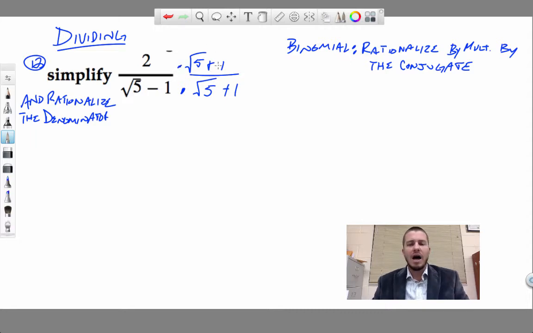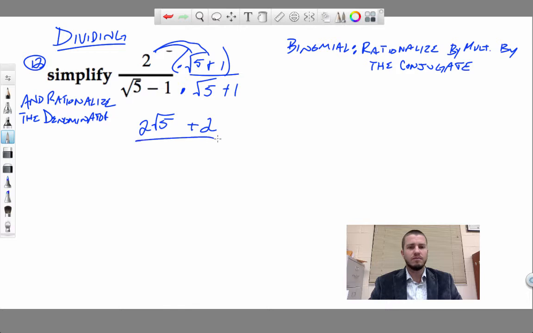Because when I multiply conjugates, it's going to be a rational number in the denominator. So because this is just a monomial multiplied with this binomial, all I'm doing is distributing, so it becomes 2 square root of 5. This is not in the radical, so I can't multiply it with 5, I just multiplied out in front, and then 2 times 1 is 2.